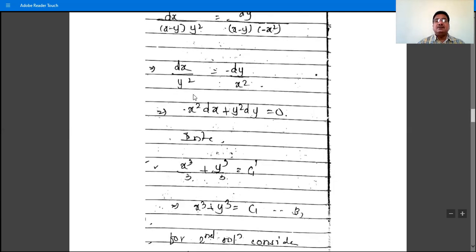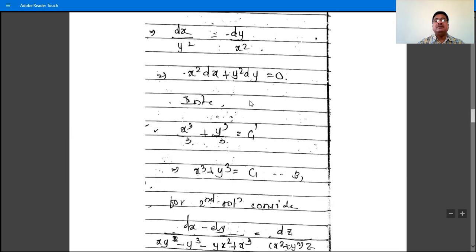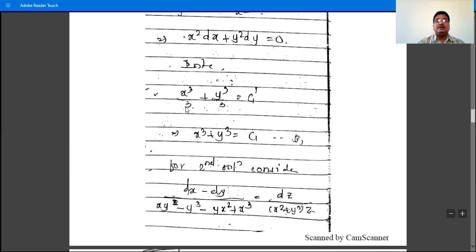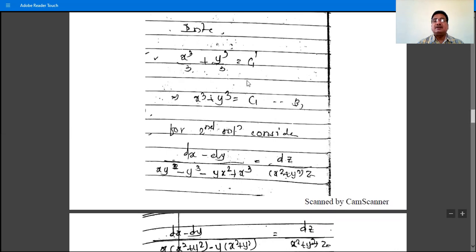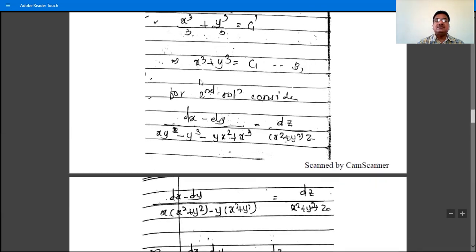Then separate the variables. So we have x square dx plus y square dy is equal to 0. Integrating, x cube by 3 plus y cube by 3 is equal to c1 dash. Multiplying by 3 and writing 3 c1 dash as c1, this is equation number 3.